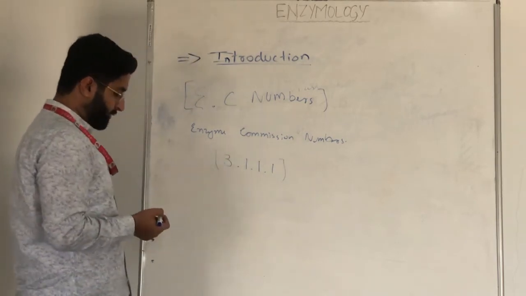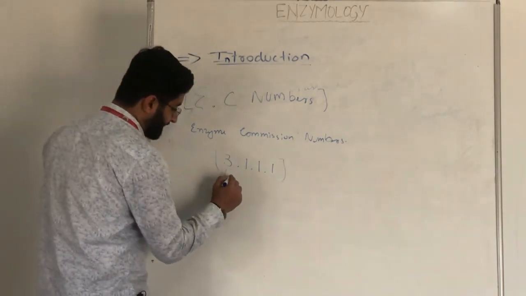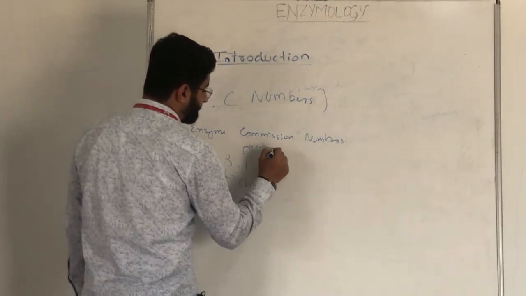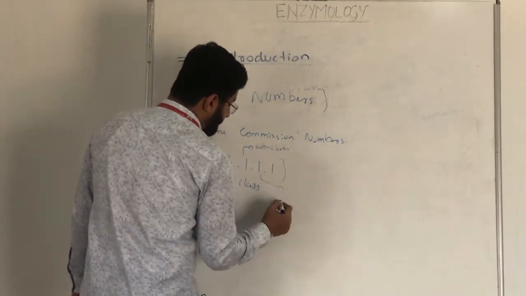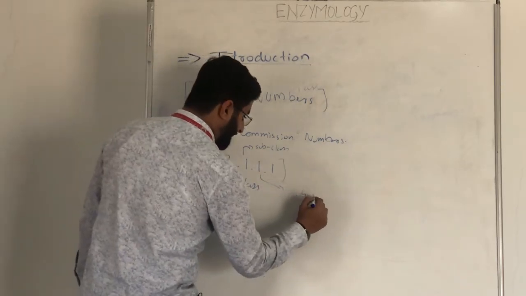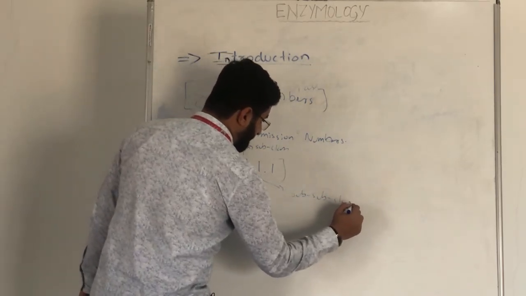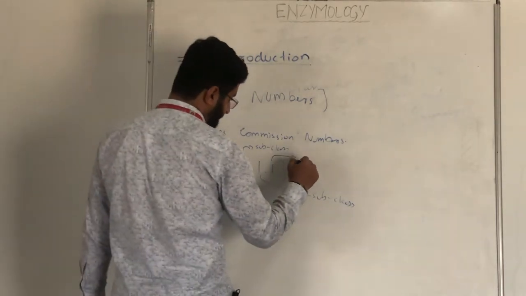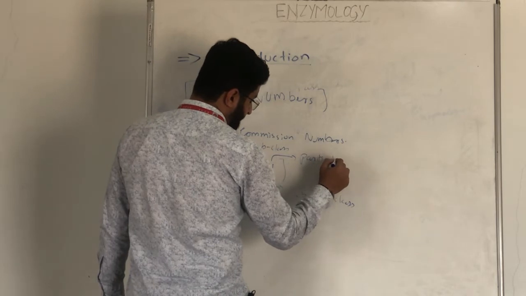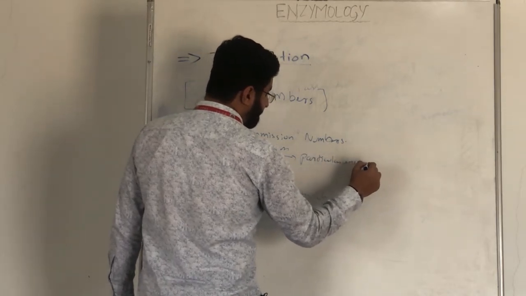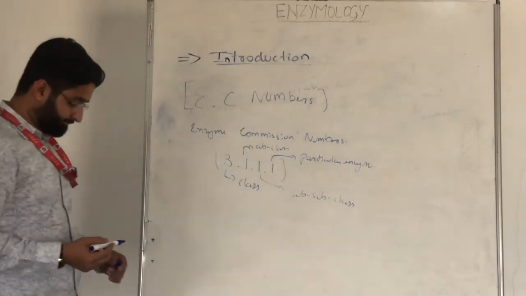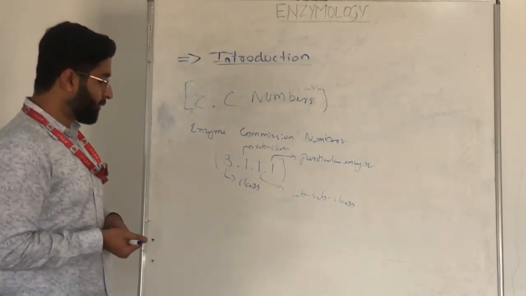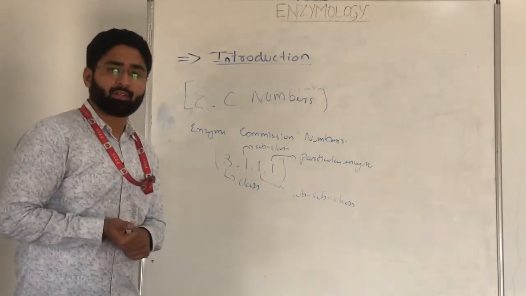So this first number is the class of the enzyme, this denotes the subclass, and this last number denotes the particular enzyme. That's it.